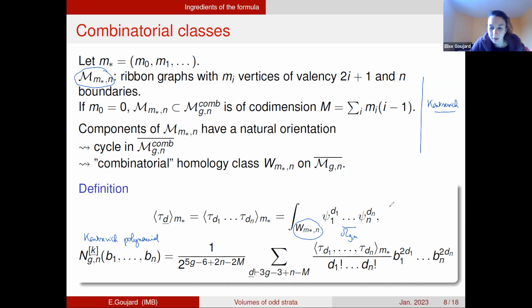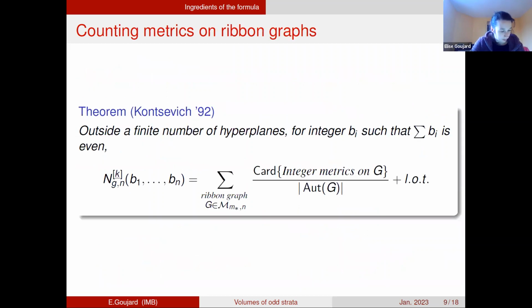Let me look at the time, yes. Let me say a few words about the relationship between this polynomial and the count of integer metrics on ribbon graphs. Basically, what Kontsevich showed is that this polynomial actually gives the number of integer metrics on ribbon graphs with this fixed valency profile, if you want.